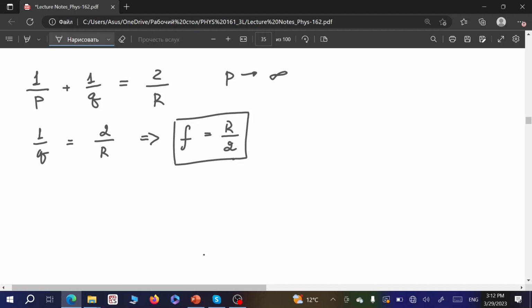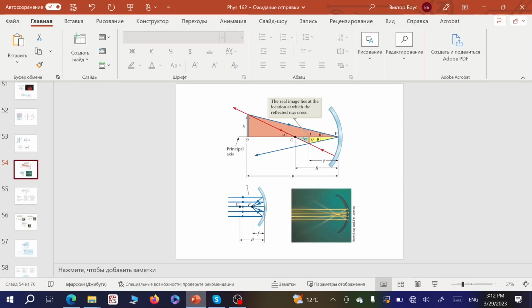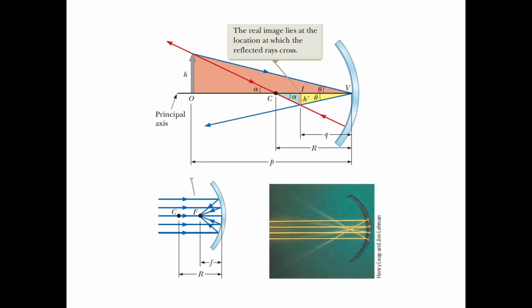Now, if we come back to the slide, this is the scenario when the object is located very far from the mirror. In that case, all rays which originate from the object are traveling parallel to the optical axis, the principal optical axis of the mirror.